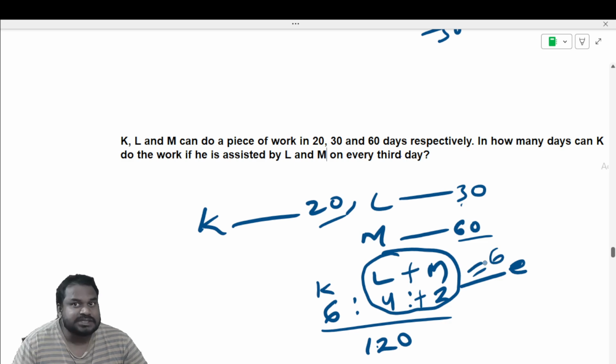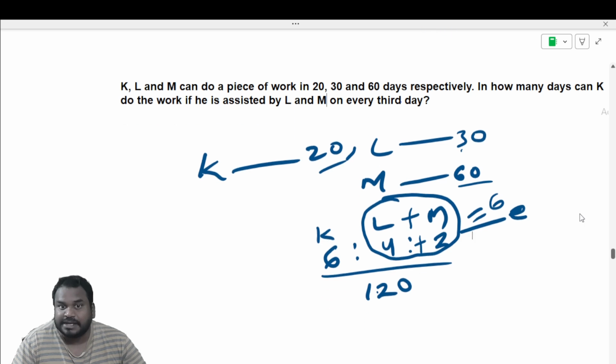So 6 parts of efficiency will be added. 6 parts of work will be done by L and M working together on the third day. But what about the first 2 days? On the first 2 days only K works. L and M don't work.